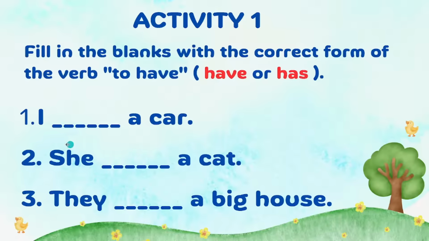Has. She has a cat. For the word they, it should be what? This one or this one? It should be have, of course. They have a big house.